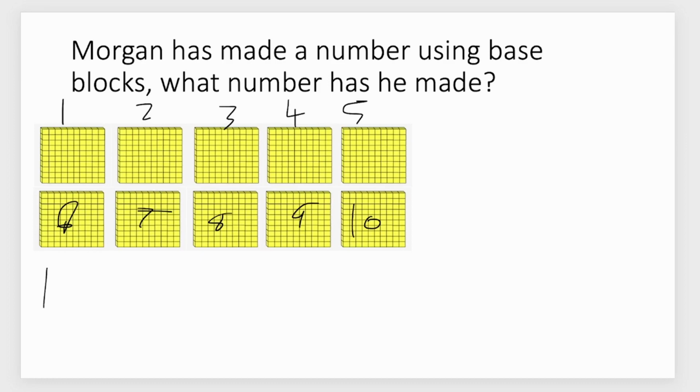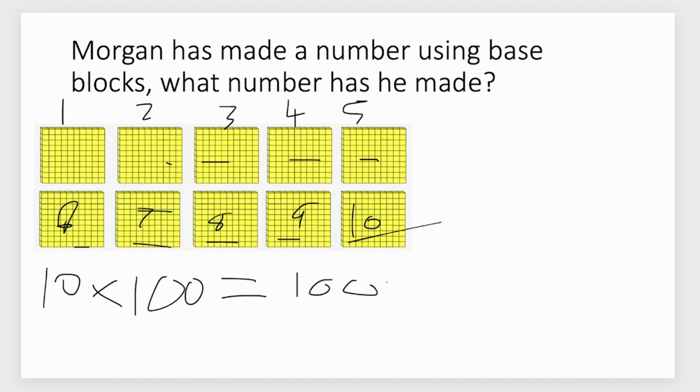So if we just write 10, and we know that each box has a value of 100, so we go 10 times 100. Again, we can just count 10 lots of 100, so we can go 100, 200, 300, 400, 500, 600, 700, 800, 900, 1,000, which gives us the answer of 1,000. So we know that there's 10 blocks in there, so we can make the equation of 10 times 100, which gives us the answer of 1,000.